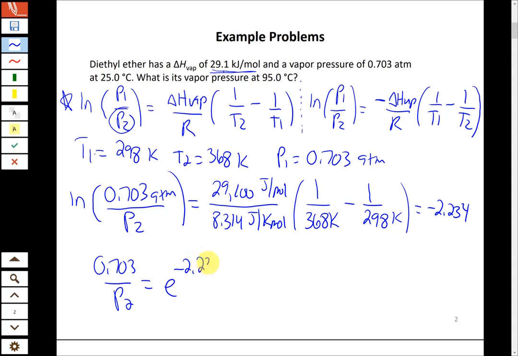So again, make sure you know the calculator syntax for doing that. And then we just have to cross multiply and divide. So e to the minus 2.234 is 0.107. And so then what we finally solve for is that P2 is equal to 6.56 atmospheres.